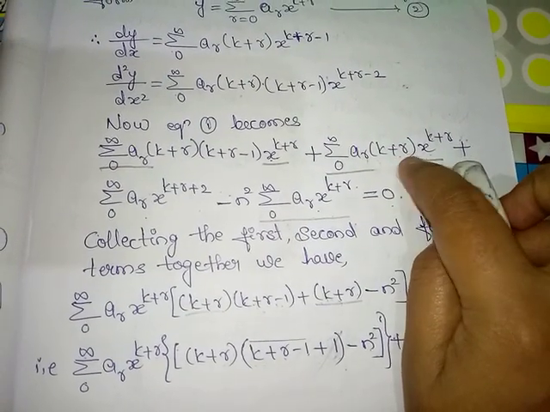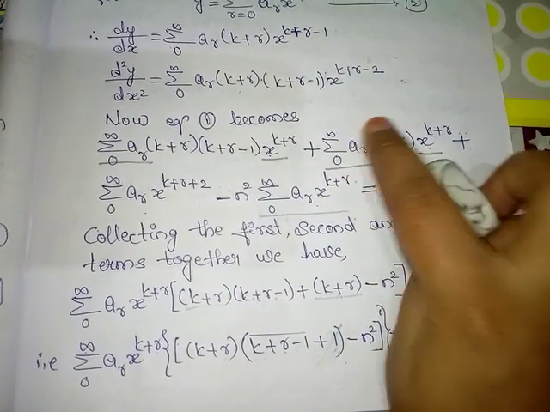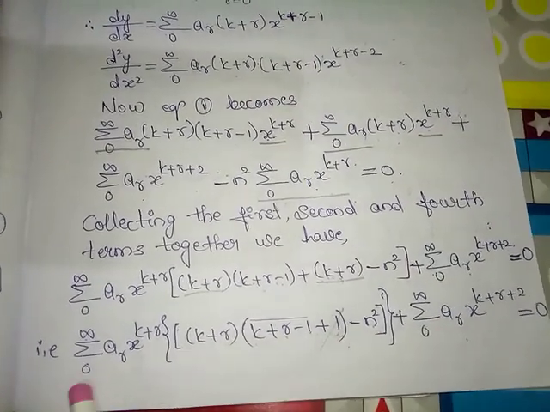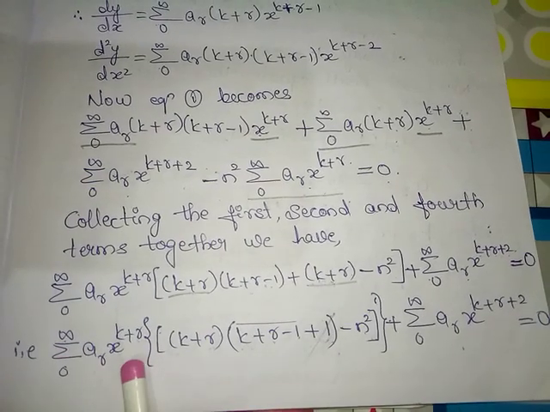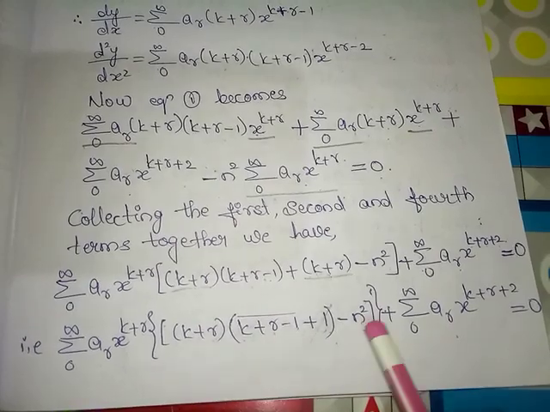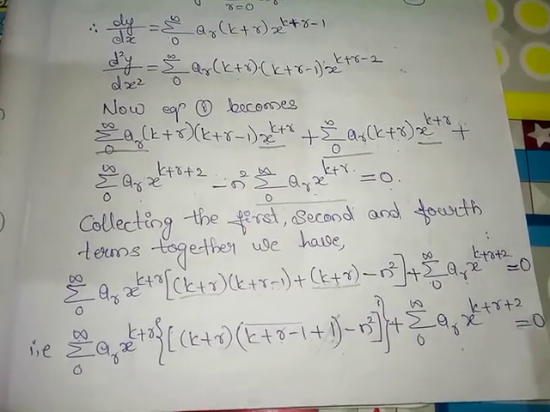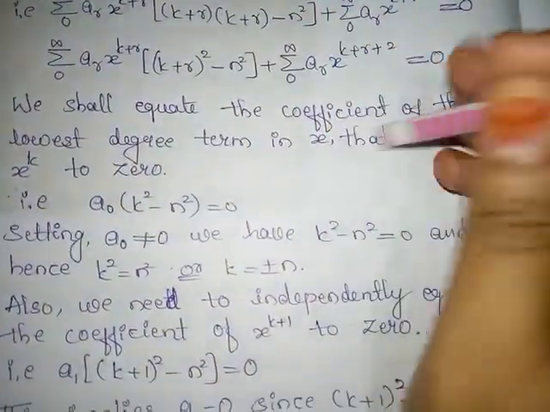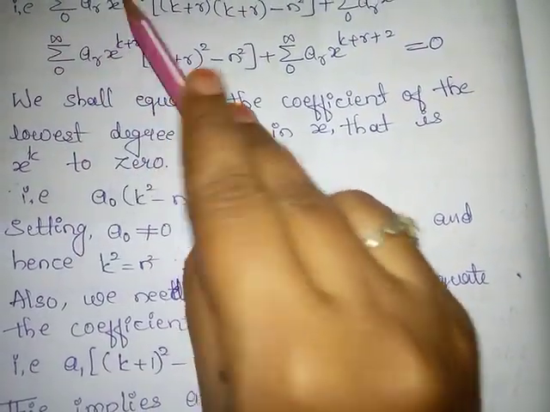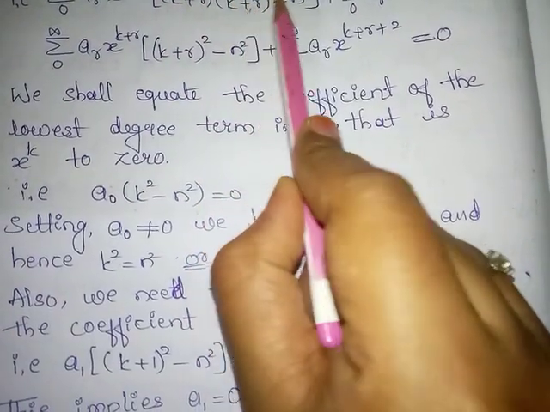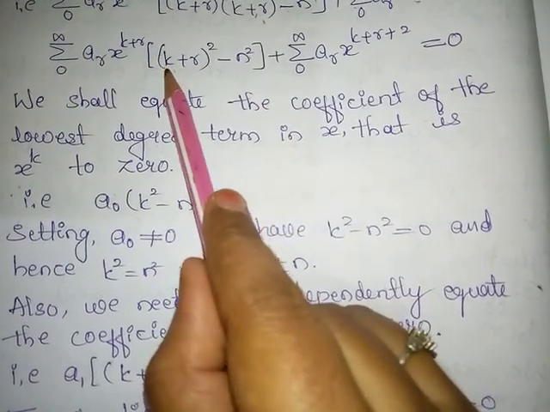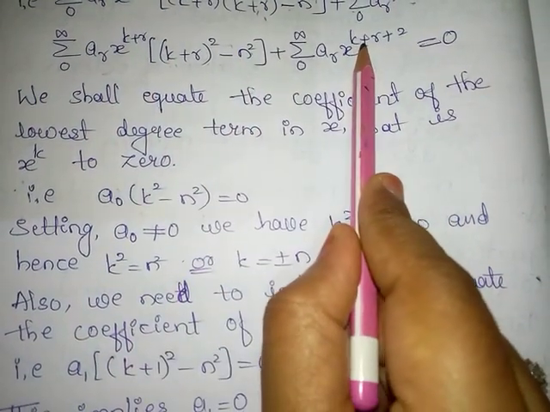The next step is what? Summation r running from 0 to infinity ar x raised to k plus r into k plus r into k plus r minus n square, and the last term is as it is. Therefore, the next equation is summation r running from 0 to infinity ar k plus r into k plus r minus n square, the last term as it is. k plus r into k plus r is k plus r whole square. Remaining terms are as it is.